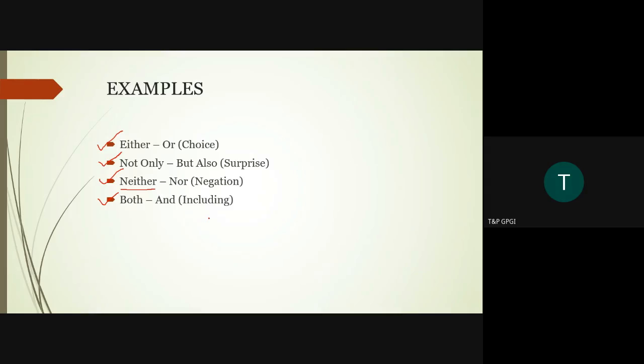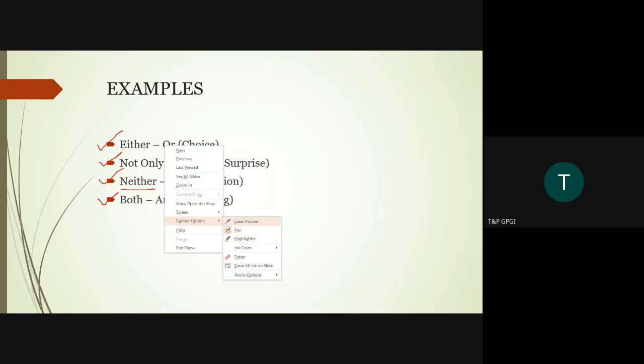Okay, so I'll give you some more examples of this. For example, the first one goes as, they told me to either buy the shoes or put them back. Either buy the shoes or put them back. Choice. I'll point it out.